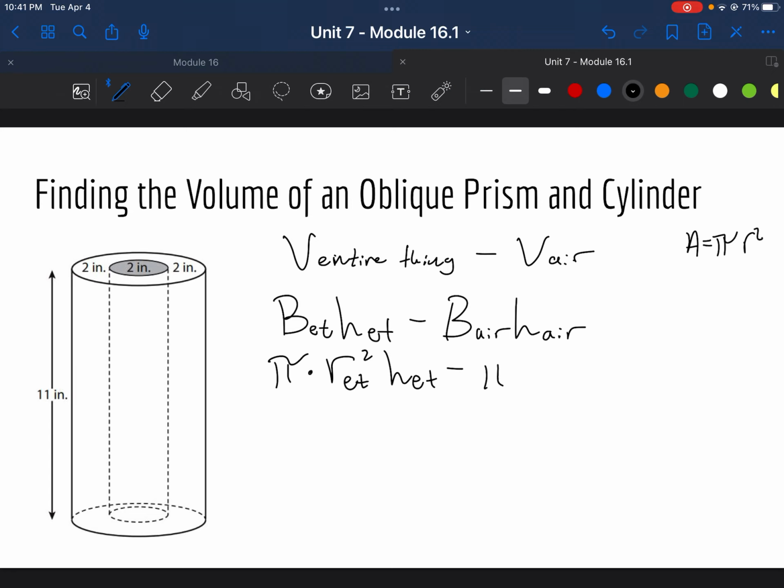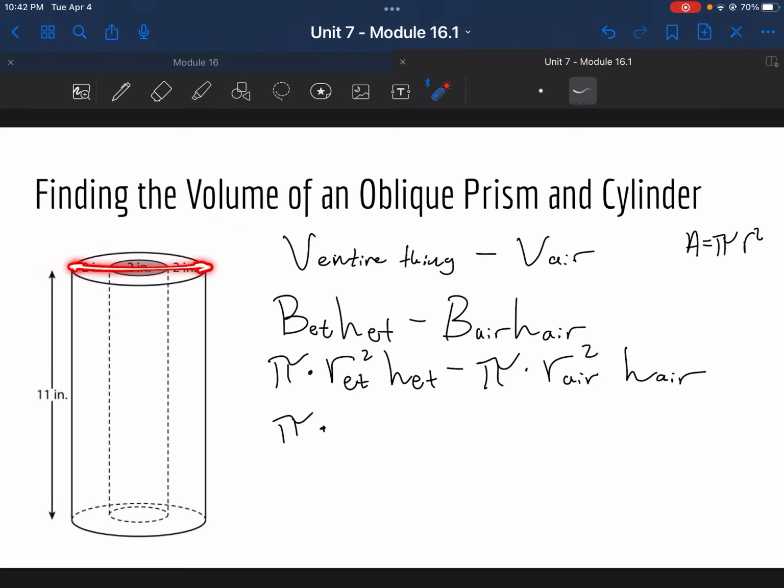And we're going to do the same on the other side. So the base of the air is going to be pi times the radius of the air squared times the height of the air. And now we're just going to plug in our numbers. Pi is just pi. Now we need the radius of my entire thing. So this is the circle, this is my base.